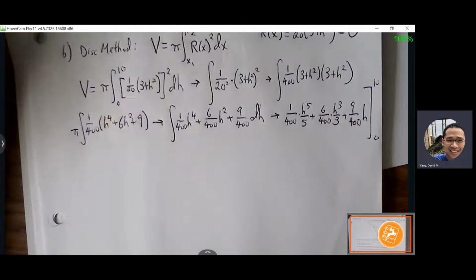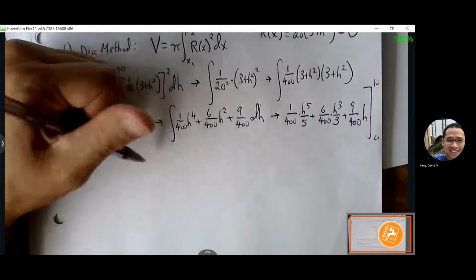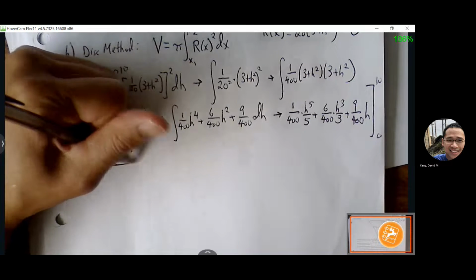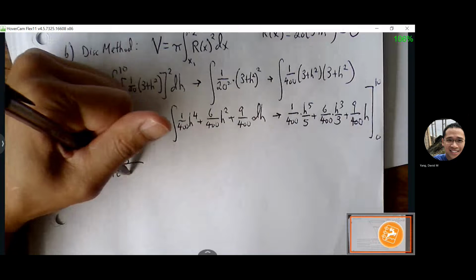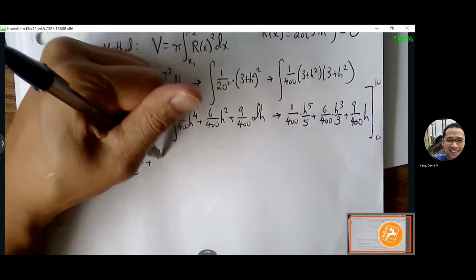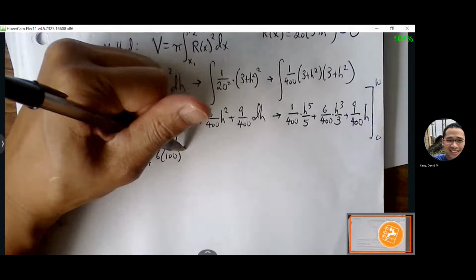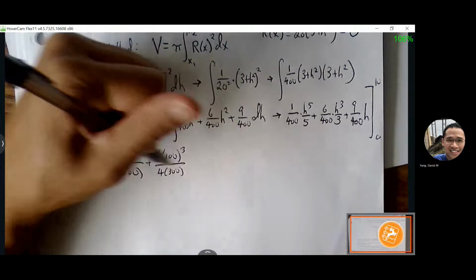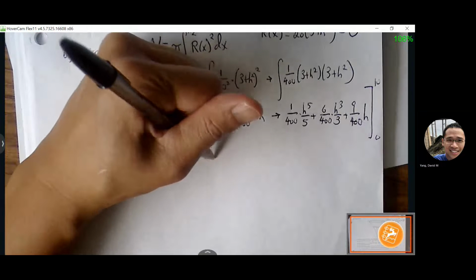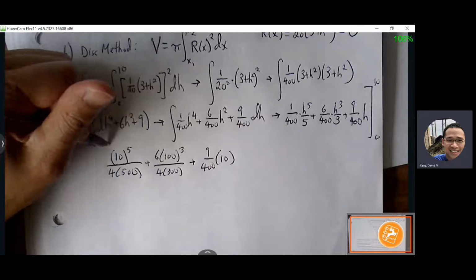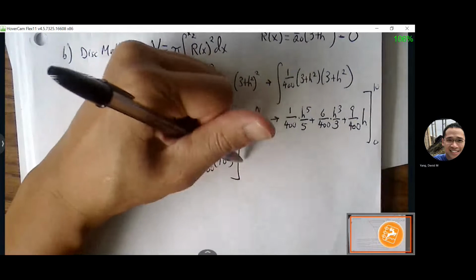Okay, don't forget there's still a pi out here in front. And then just say this times pi.